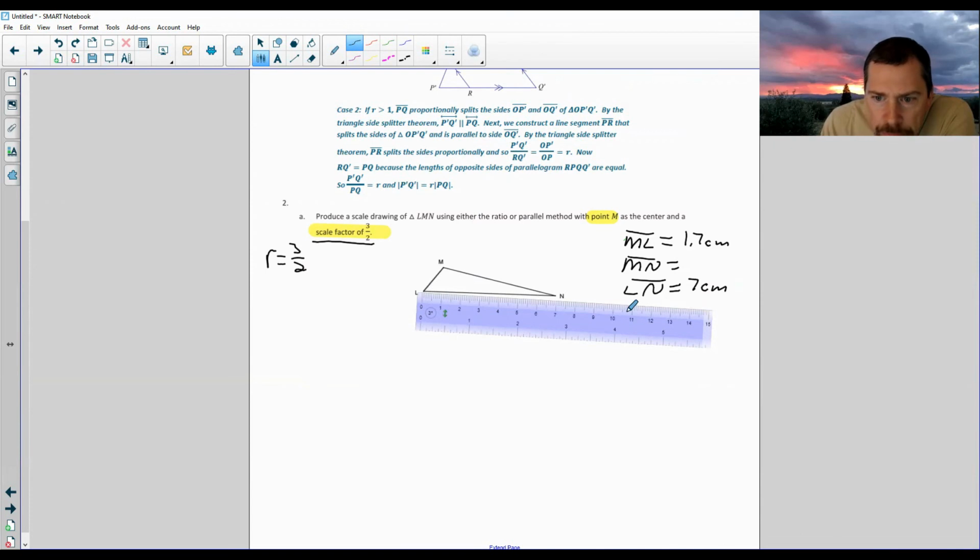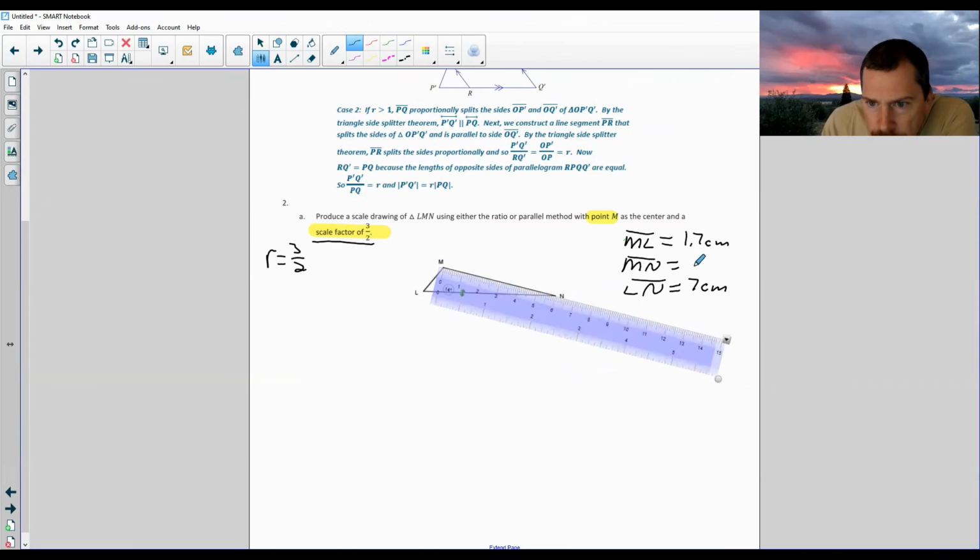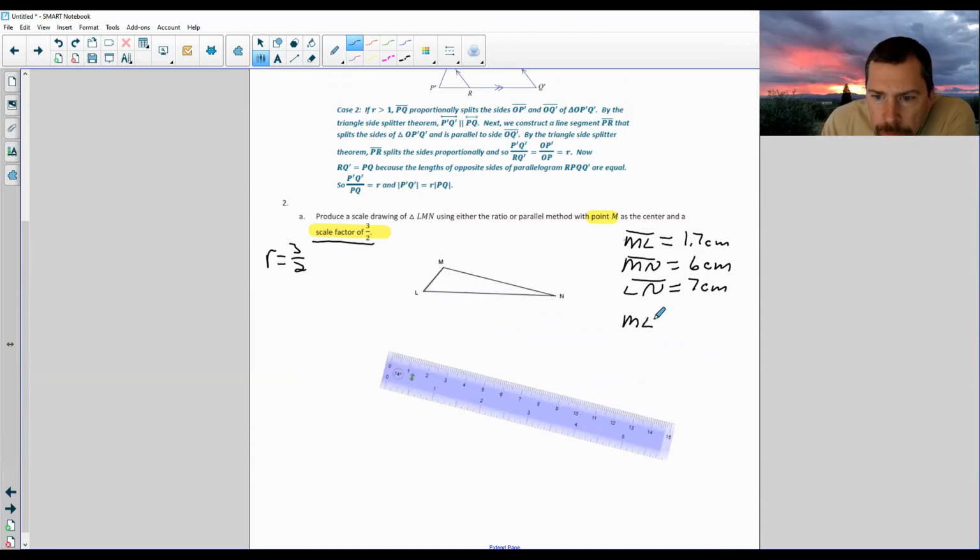My ruler snapping to parallel or horizontal, I mean. And then I put my 0 right on M and measure MN, which is 6. MN is 6 centimeters. Okay, so ML prime is 3 halves of 1.7. So 1.7 times 3 divided by 2 equals 2.5 roughly.